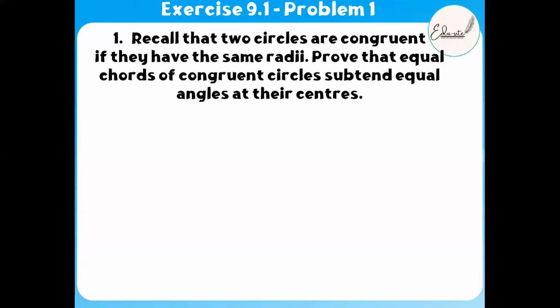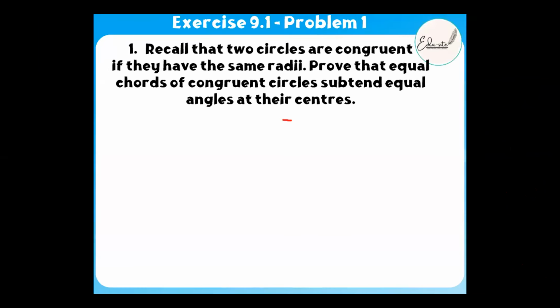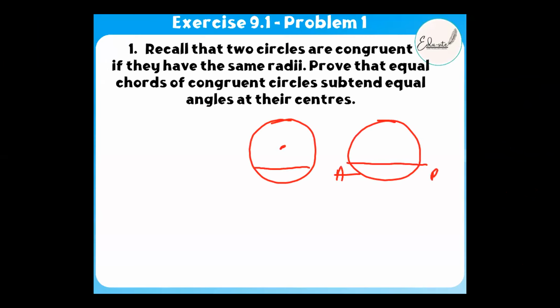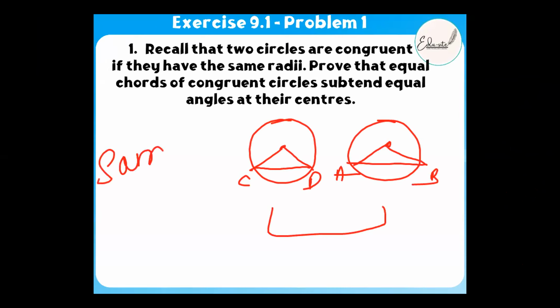So there was one problem that we discussed. The same problem, but this problem had two congruencies instead of a single congruency. It was about two chords in two different congruent circles. So it was the same proving of congruency in two instead of one, same as theorem one.